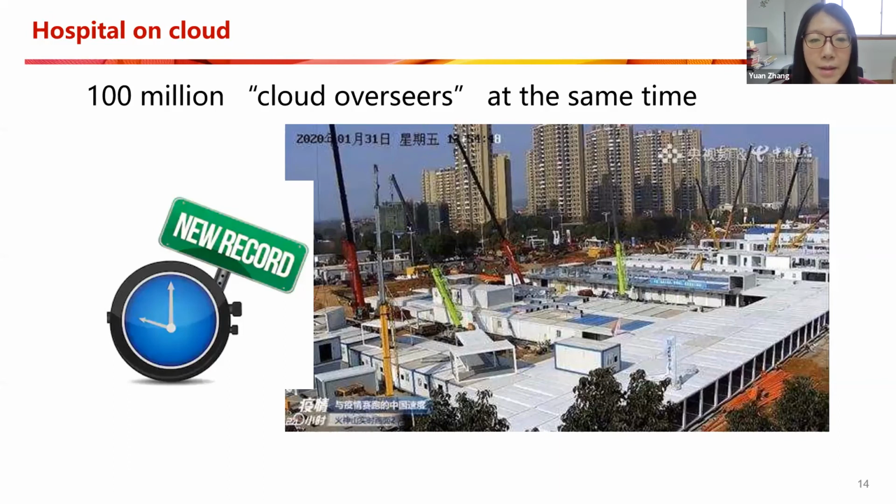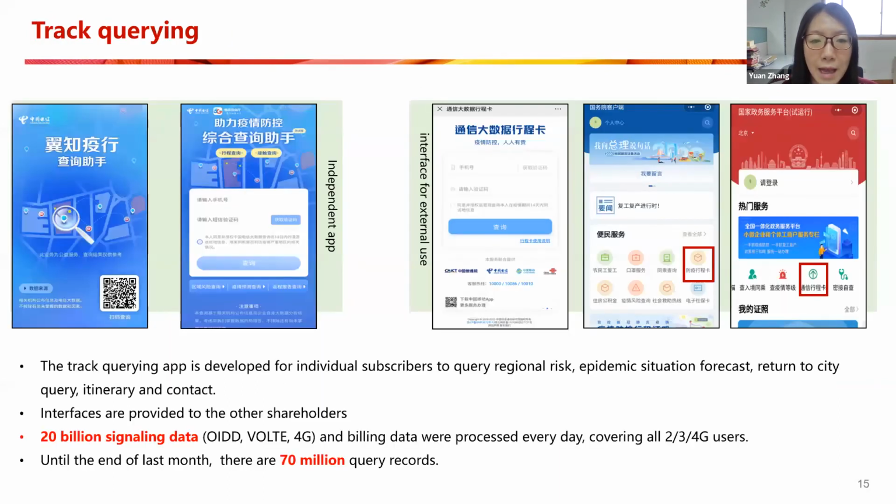Another major application is the track querying app, which provides individual subscribers with functions including regional risk query, epidemic situation forecast query, return to city report query, itinerary, and content query.